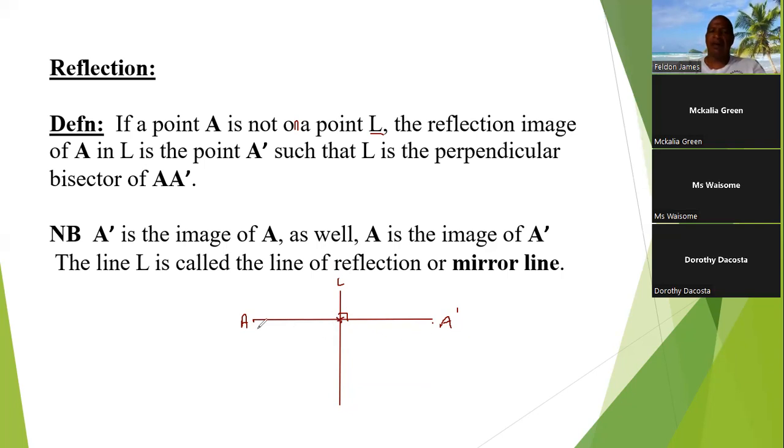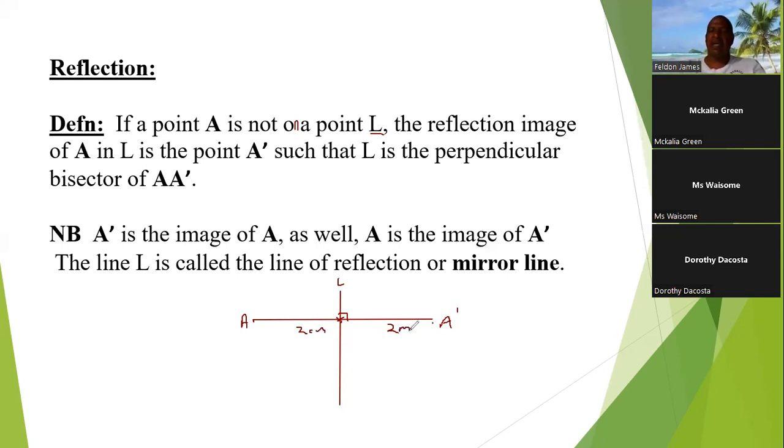Is that clear? So from A to L here, if that is a length of 2, then from the line L here to this point here, this will also be 2. If we are talking in terms of centimeters, let us attach that unit to it.